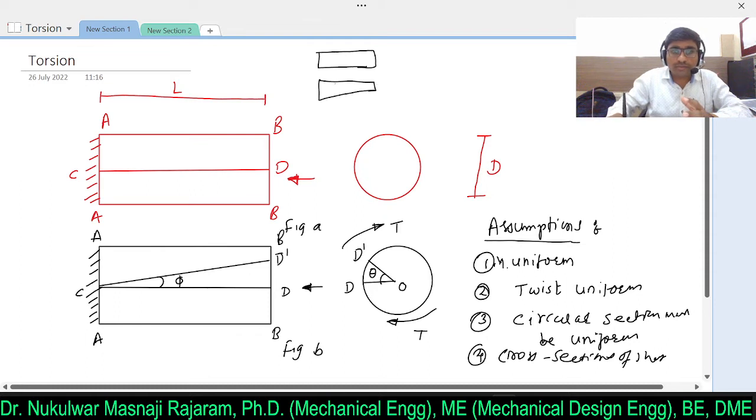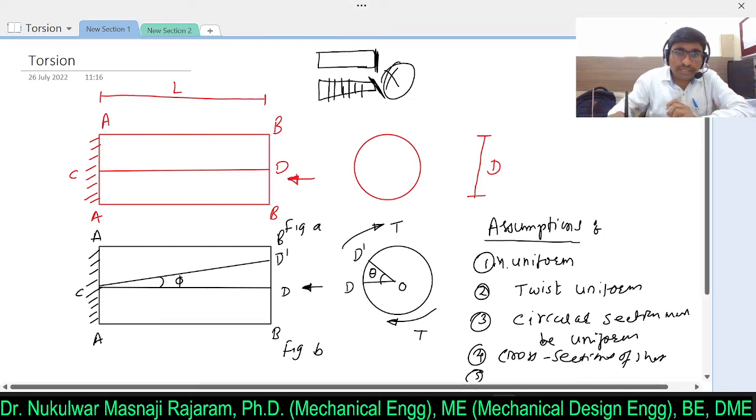Here if you observe, the diameter at different locations is different, and the plane cross sectional area is inclined. Previously it was 90 degrees. This should not happen in case of torsion, while we are deriving the equation. And the last assumption is that radii which are straight before the twist must remain straight after the twist.